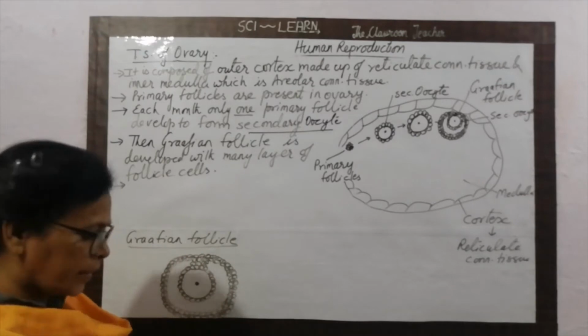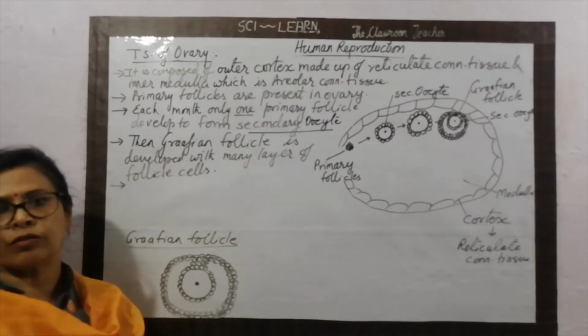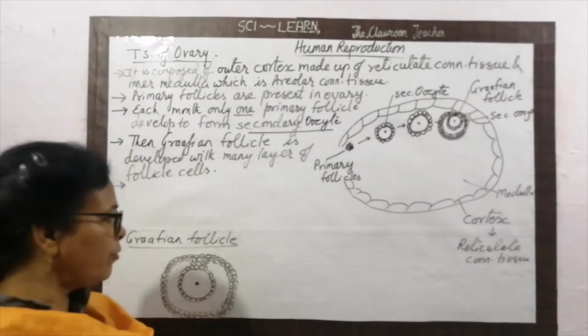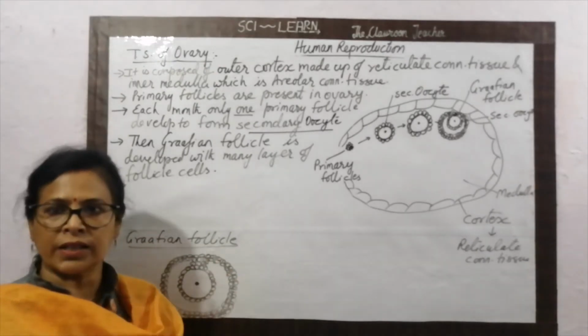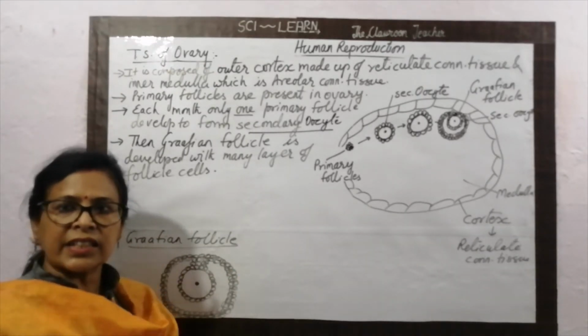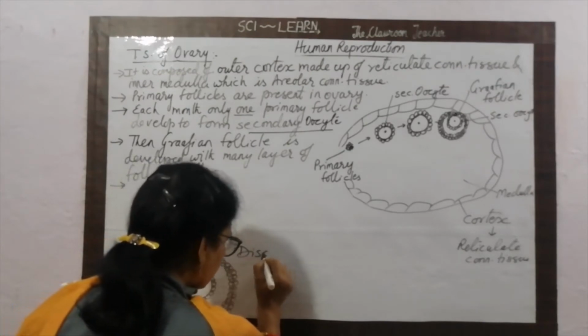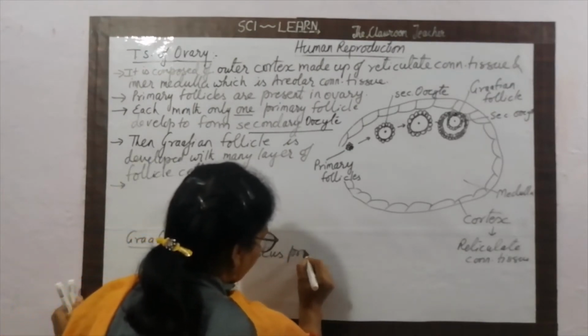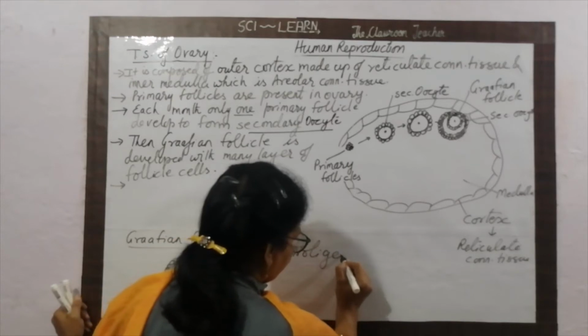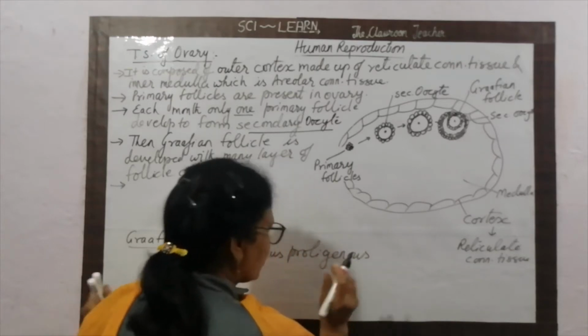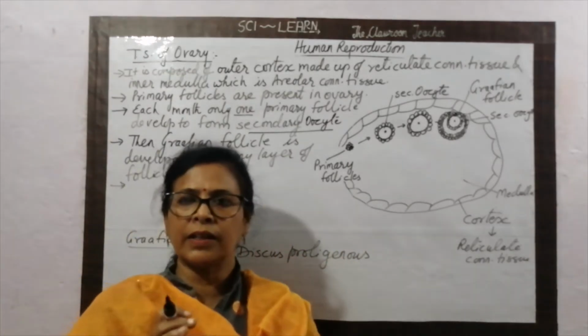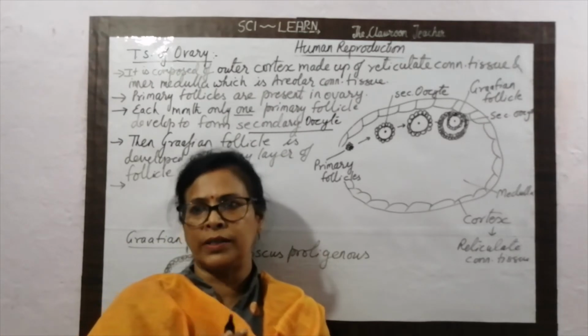The first cells which are composed here are called the discus proligerus. This is the group, the bunch of cells present there, that is called the discus proligerus.